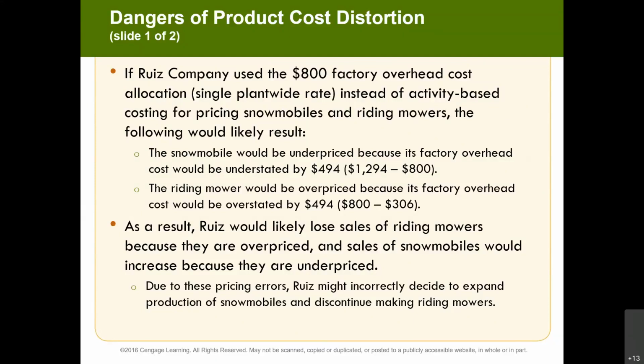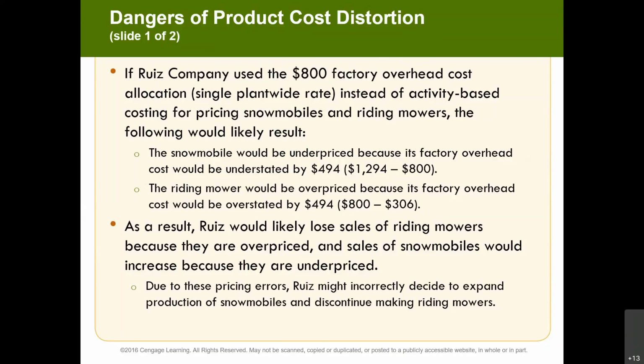We would be undercosting our snowmobiles by $494 and overcosting our riding lawnmowers by $494, which is the difference between activity-based costing and the single plant-wide method.